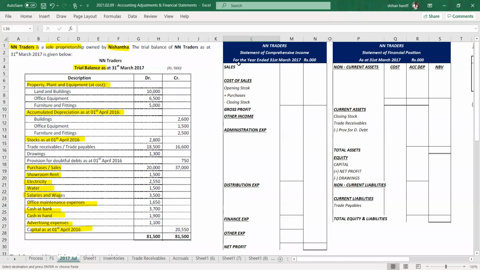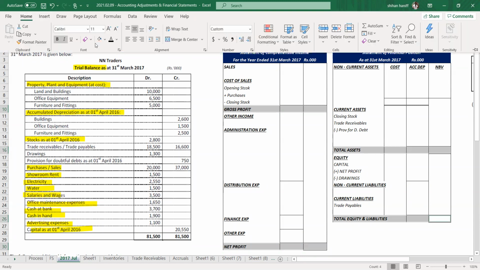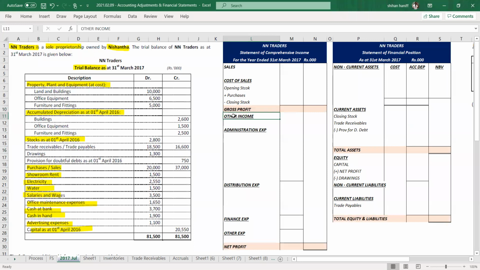Draw this format. This is the format of the income statement. Sales minus cost of sales is gross profit. Then you add other income and deduct all the expenses: administration, distribution, finance and other expenses.